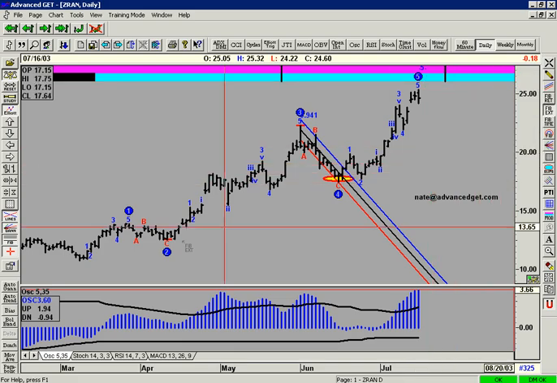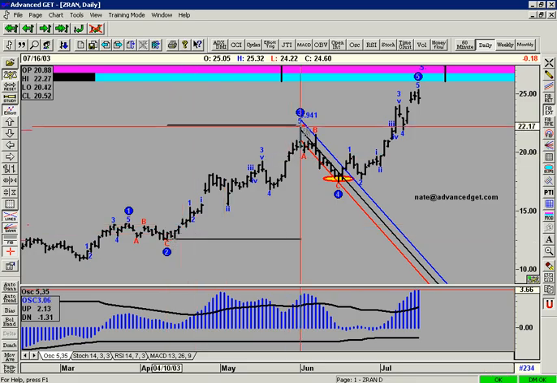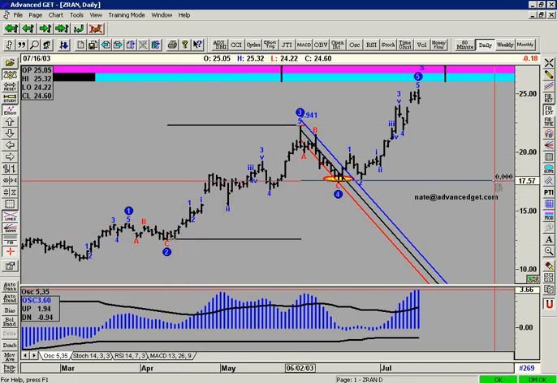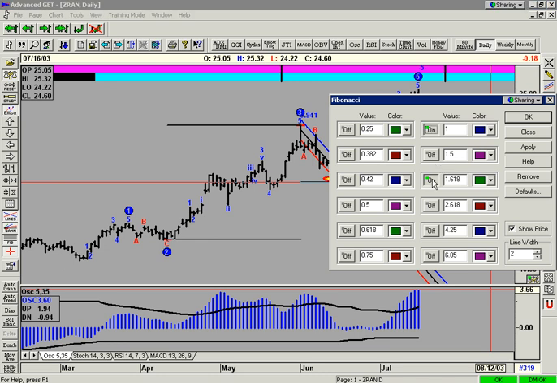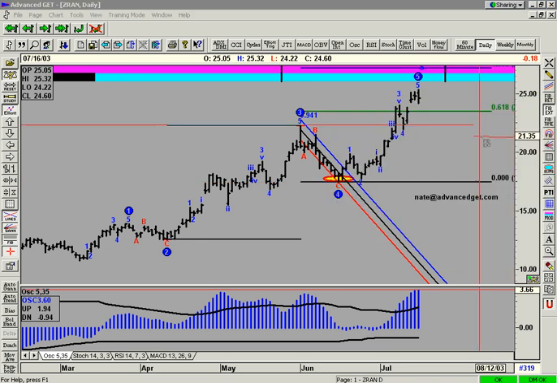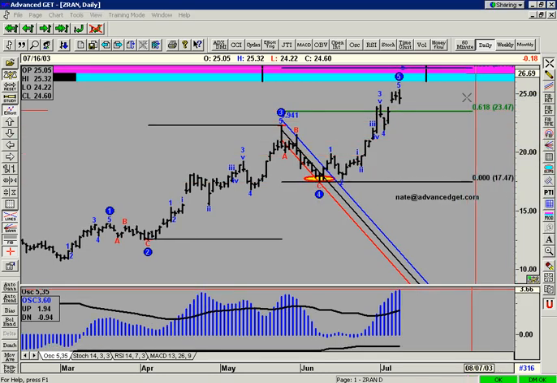You could have used Fibonacci extension and said that you wanted to take profits once we got inside this range of 0.618 up to 1, which we're in now. So there are many different methods for taking profits, and they all have to do with the style of trading, what fits the personality of the trader.